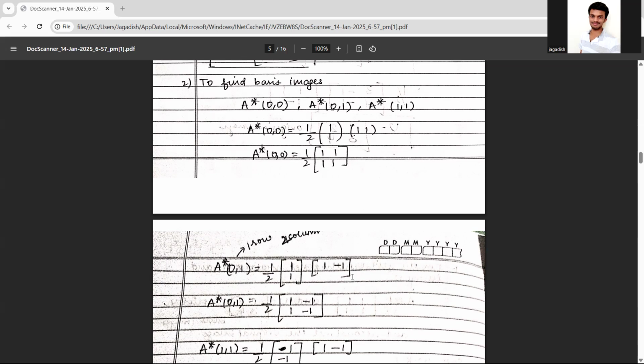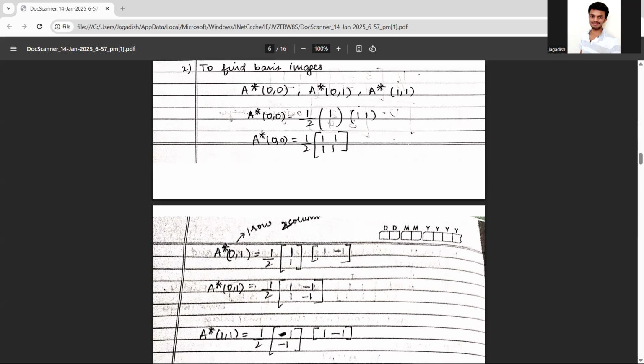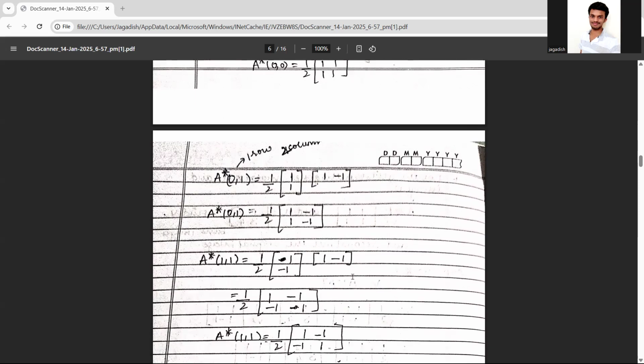Now 0 comma 1 means you have to take the first row, second column. So 1 by 2 into 1 1, 1 minus 1. So A star 0 comma 1 will be half into 1 1, minus 1 minus 1. A star 1 1 means you have to take 1 minus 1, 1 minus 1, so it will be similar.